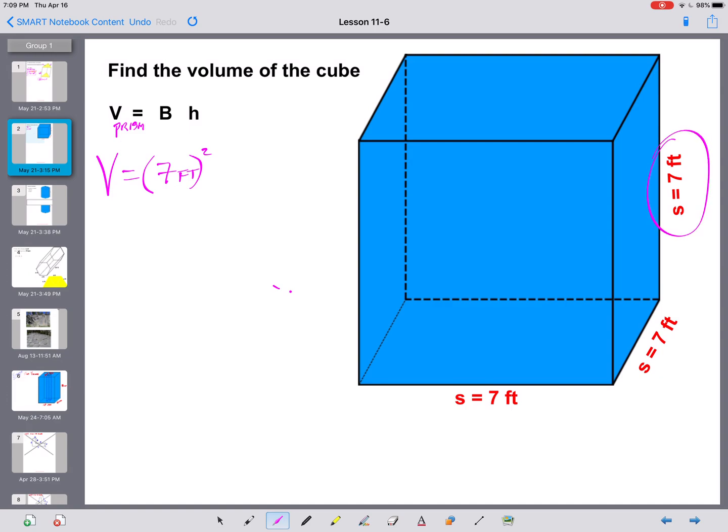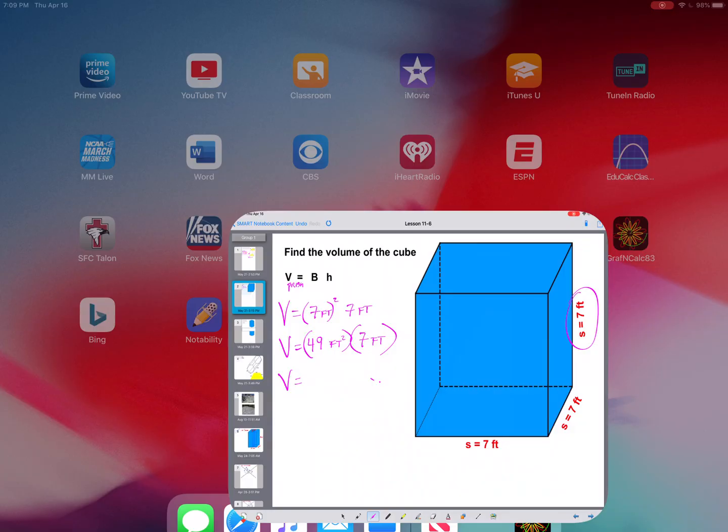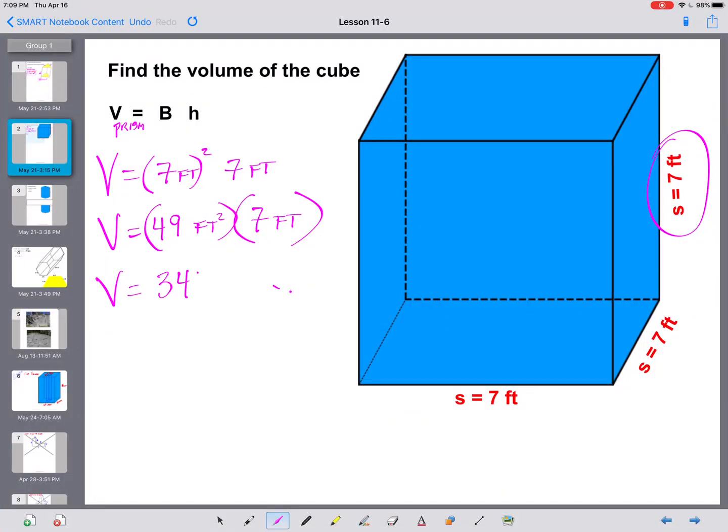Yeah, right here, 7 feet. 7 squared is 49 feet squared, times 7 feet. 49 times 7, there it is, 343. Look at our units. Feet squared times feet gives me feet cubed.